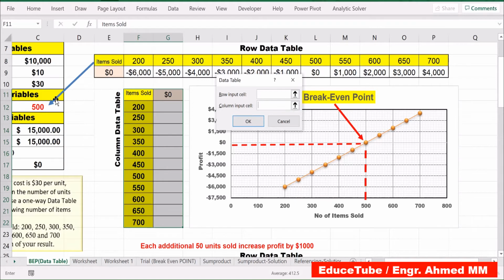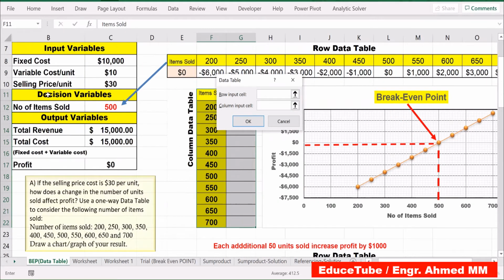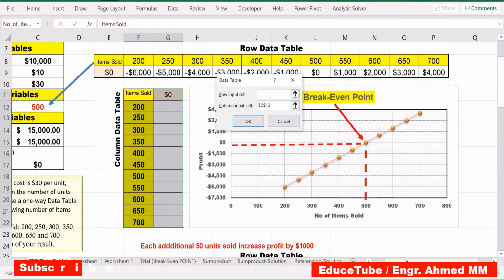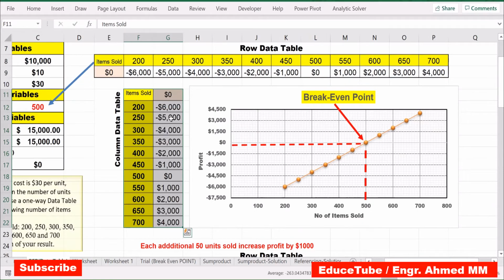Same places I have to click on the number of items sold. Same one, this one, but in column. So what did you get now? If you click it here, see, it is created. So if you compare these two, you see the same value. Only the difference, this is in row, this is in column.